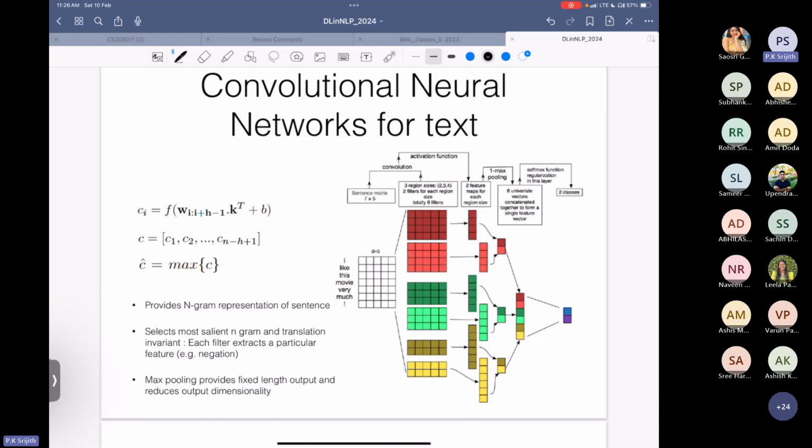Okay. So let us say this task of sentiment classification, where somebody gave you a review of a product, and I want to classify that review as positive or negative. As a human, if I want to classify it as positive or negative, what will I do?